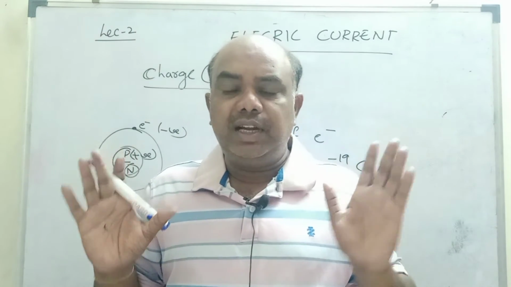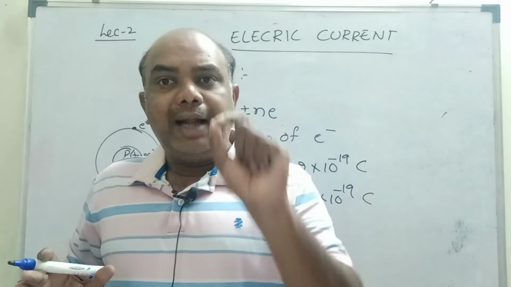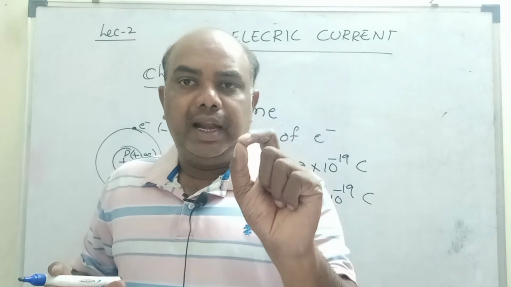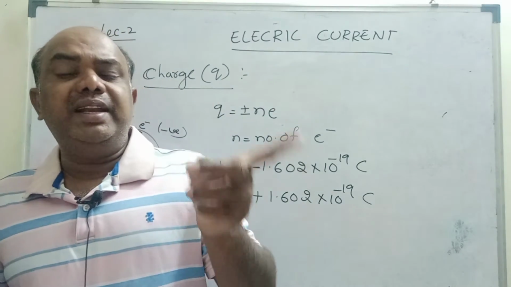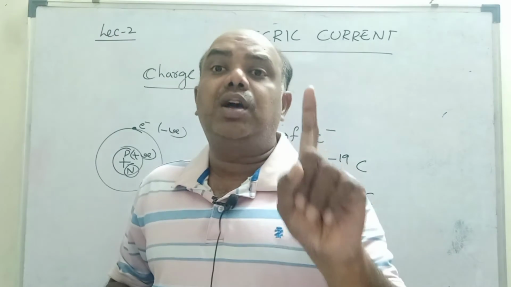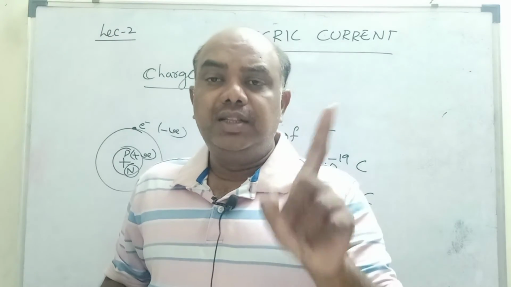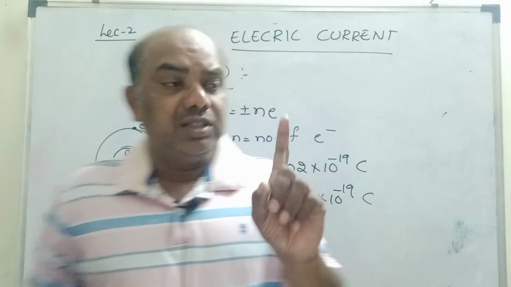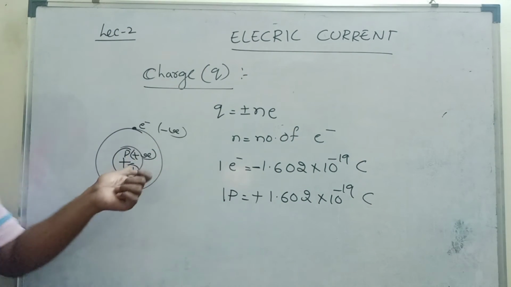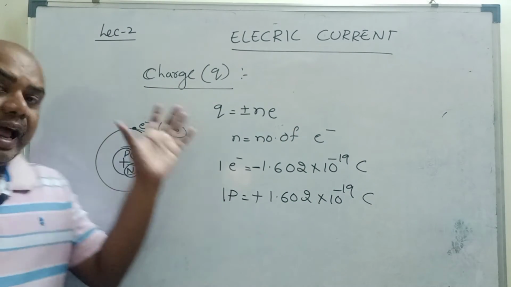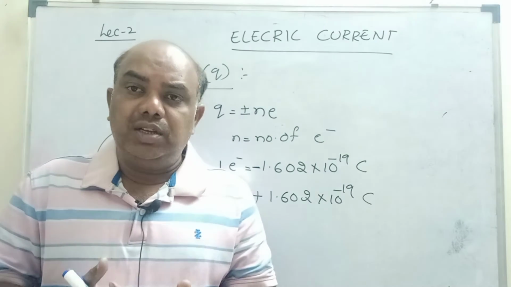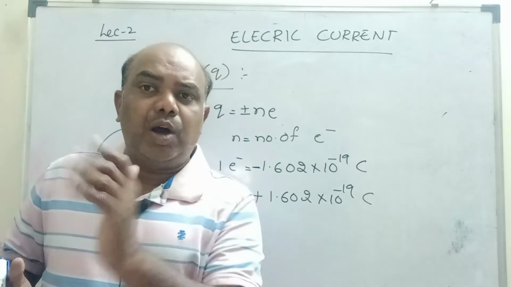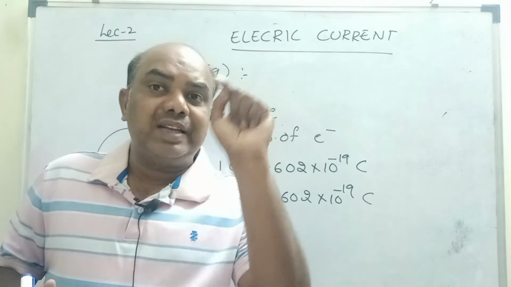Try to understand children, very important concept. Atom is always neutral. Why? Because however many positive charges are present, that many negative charges are present in the outer shell. The charge of the number of electrons equals the number of protons inside. Hence atom is always neutral. When an atom is charged, suppose some electrons are removed from the outer shell, then charge occurs.